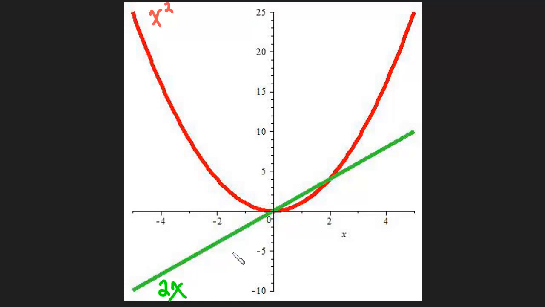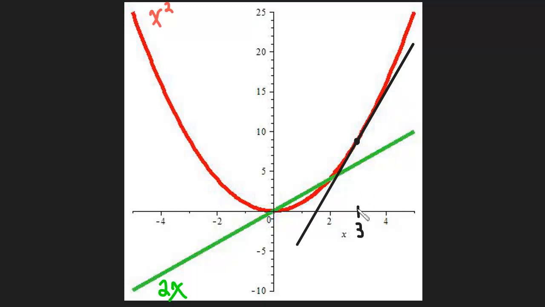The derivative will tell you the slope of the tangent line to any point on the original function. So for instance, let's say we want to know the slope of the tangent line when x is 3. There's the tangent line to the original function. So this is the tangent line to x squared. Let's say we want to know the slope of that tangent line.